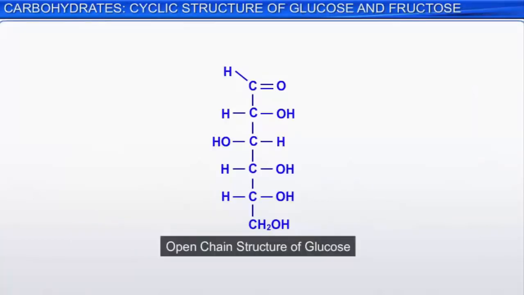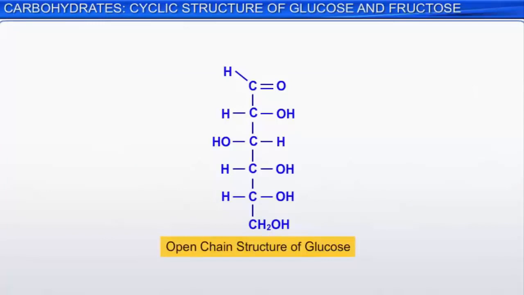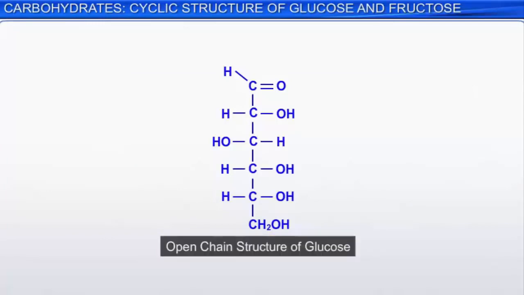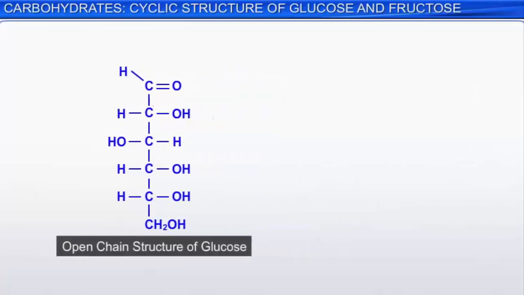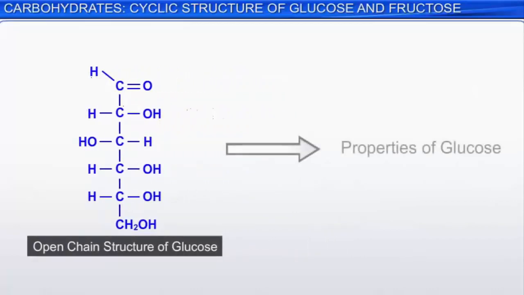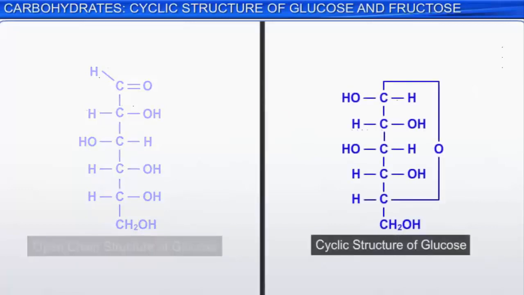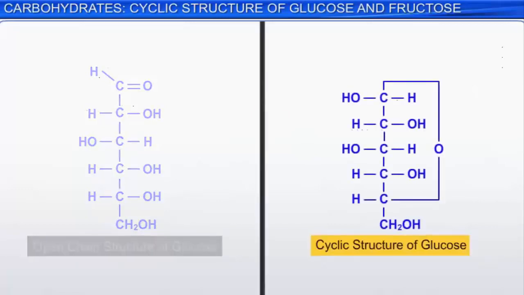We have already discussed the open chain structure of glucose on the basis of several reactions. However, it was observed that the open chain structure couldn't explain certain properties of glucose. However, these limitations were overcome by the establishment of the cyclic structure of glucose that was proposed on the basis of several experiments and X-ray analysis.